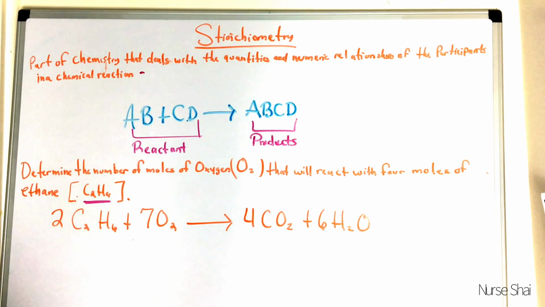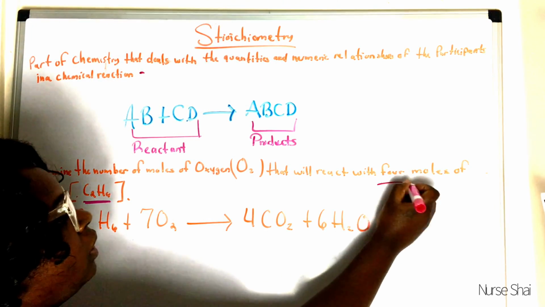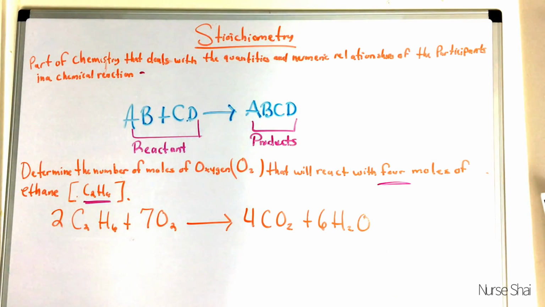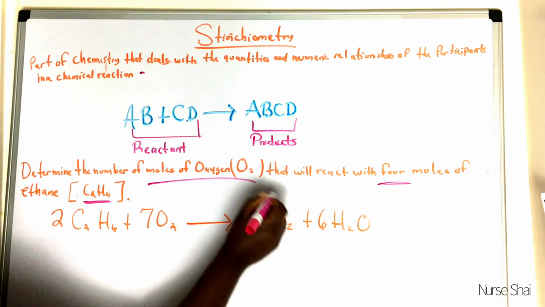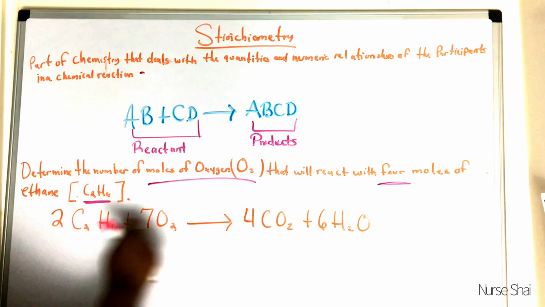Determine the number of moles of oxygen that will react with 4 moles of ethylene, which is C2H6. I would underline 4 because I'm a visual person. I have to see stuff. What are they asking? How many moles of oxygen will react with 4 moles of ethylene?